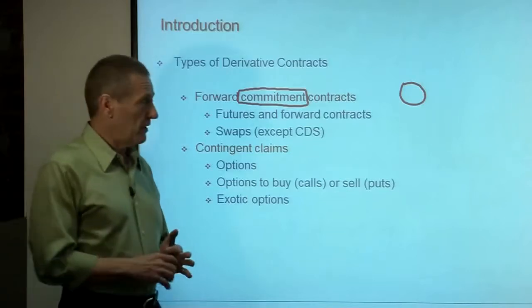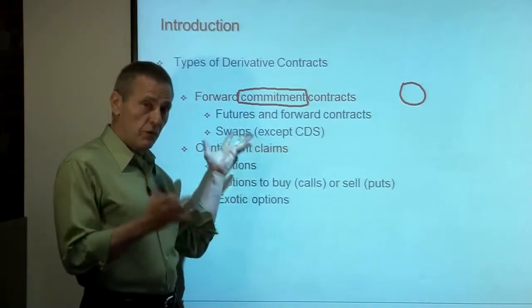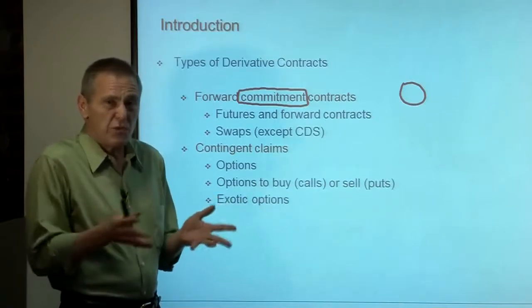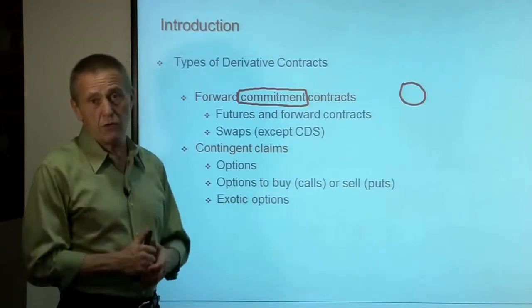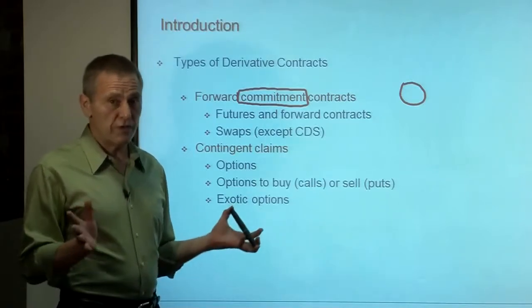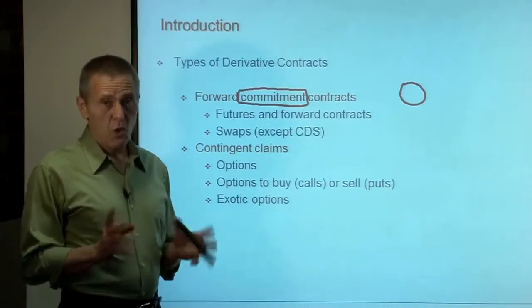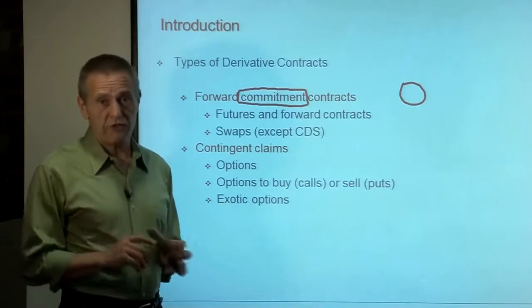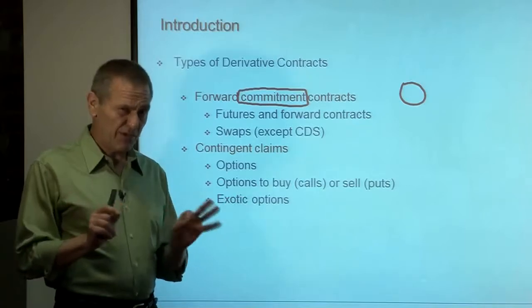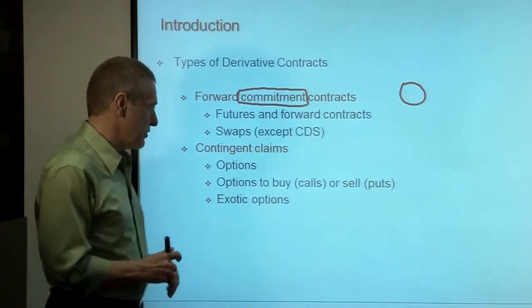But think of the capital efficiency to be able to take a position for risk management or speculative purposes where you might only have to put up assets equal to 2 or 3 or 5% of the total value of the position. And that's, in general, one of the big attractions of derivatives, their capital efficiency. One could establish an exposure, which I'll define in more detail later, by putting up assets that represent a very small value of the overall position.